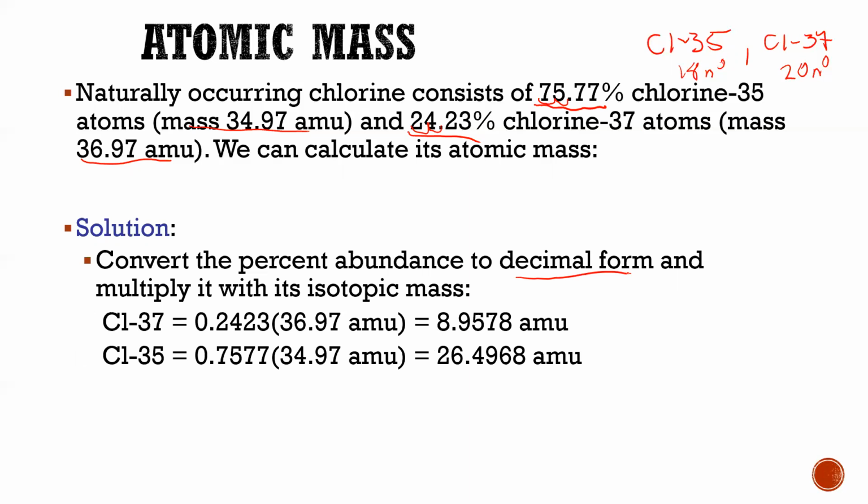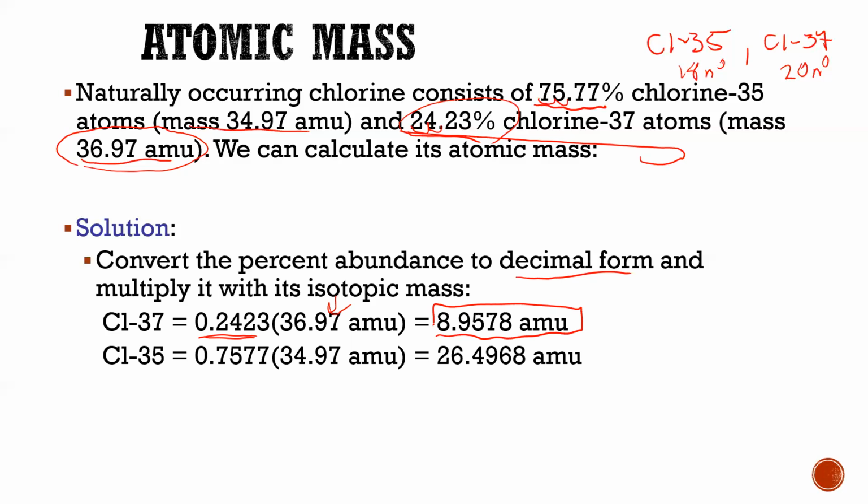So chlorine 37. Oh, the slide went out of order. I'm sorry. So that would be this isotope right here, right? Chlorine 37. We changed that to a decimal, and the mass for chlorine 37 was 36.97. So we multiply the abundance in decimal form by the mass, and we get a certain amount. I call it the contribution to the overall mass.